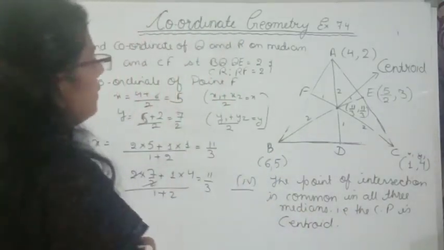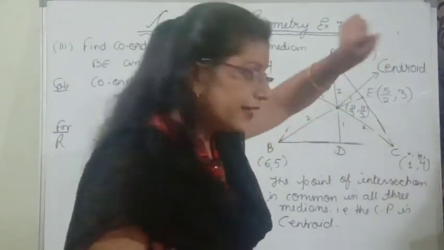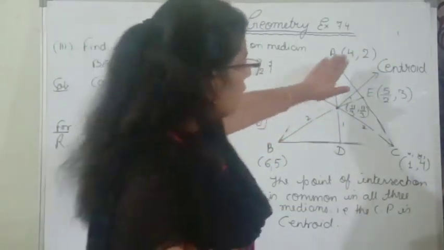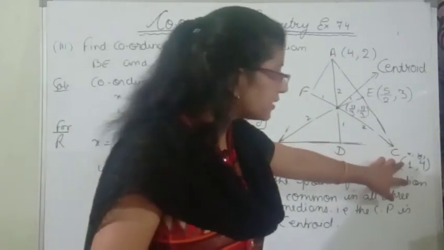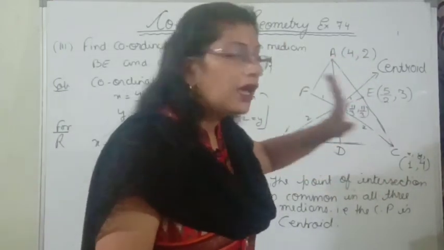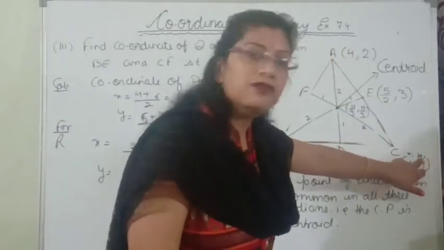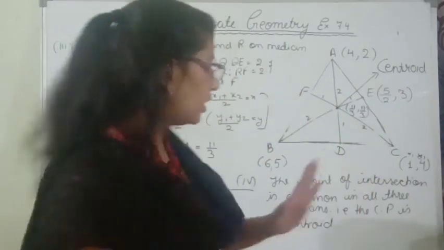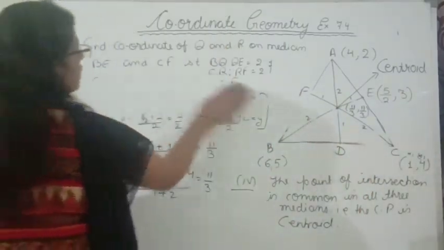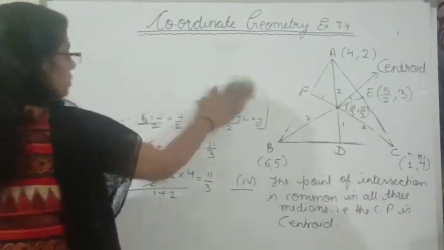So what is the formula of centroid now? You can easily see. The formula of centroid is x1 plus x2 plus x3 divided by 3, and then y1 plus y2 plus y3 divided by 3. तो किसी भी triangle का जो centroid होता है, you come to know the formula from this one case.